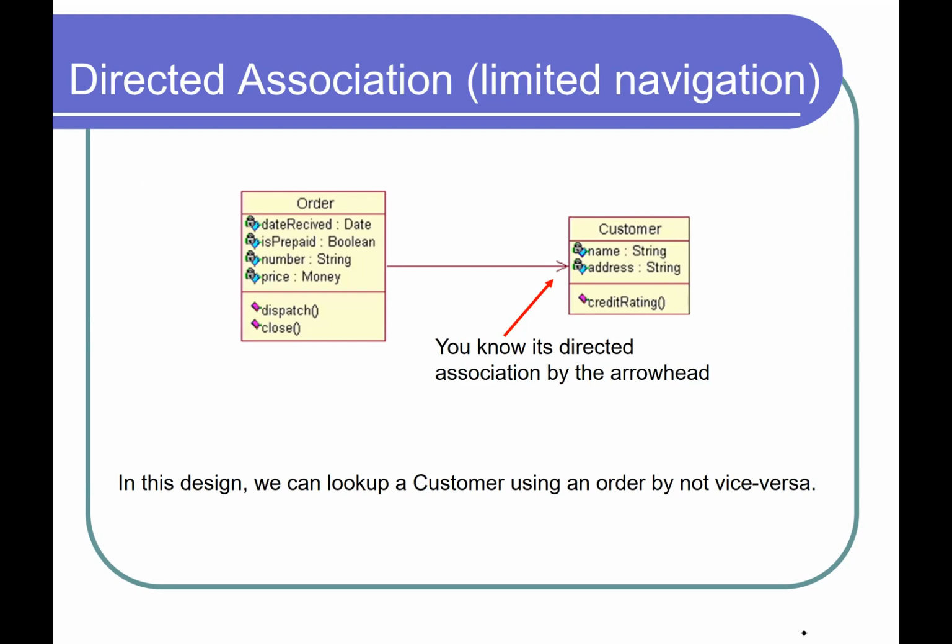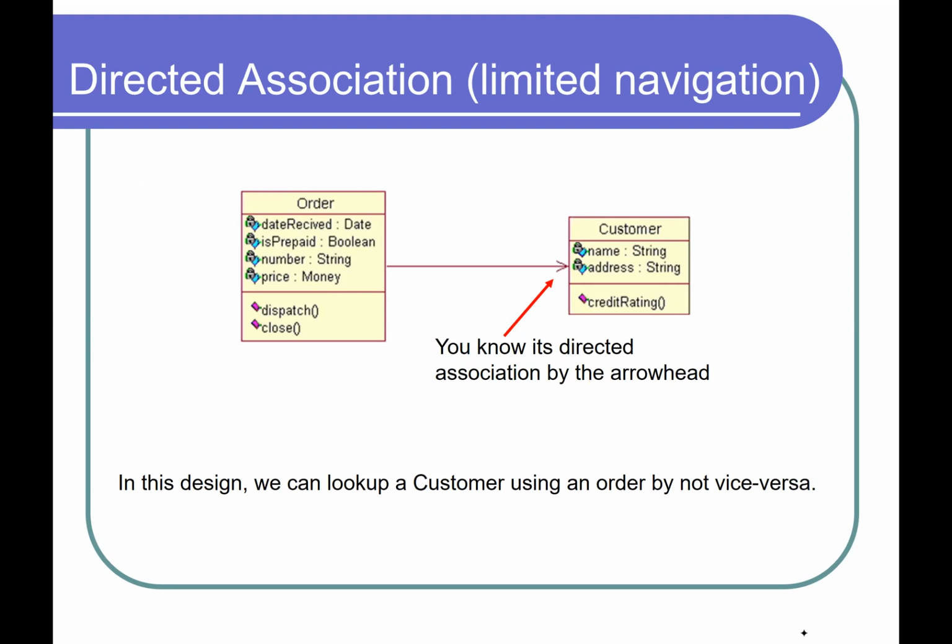So in this design, we can look up a customer using an order, but not vice versa, okay? For some reason, I know it's probably not a good design. A customer should probably be able to look up their orders, but what this is saying is that order can see customer, but customer cannot see order.